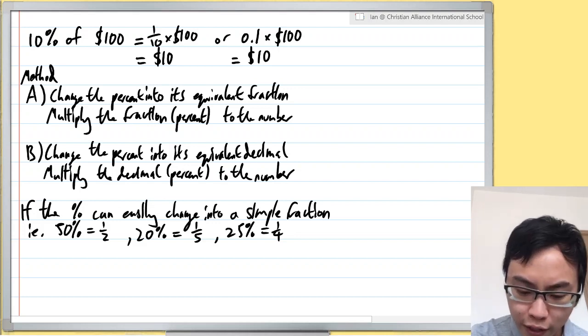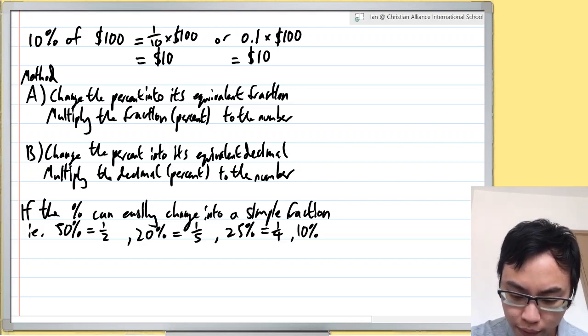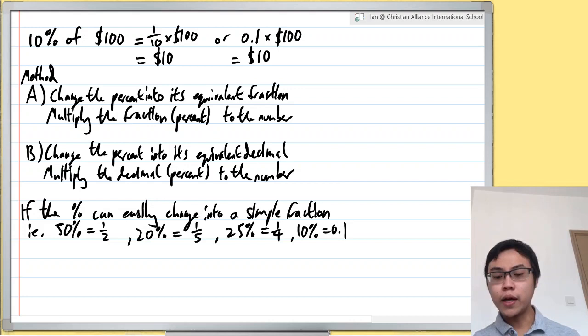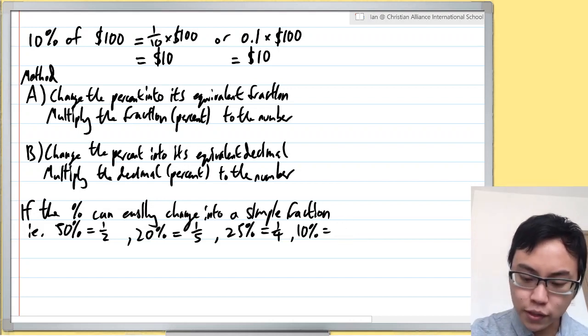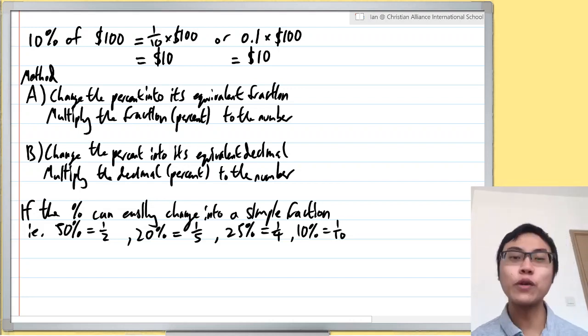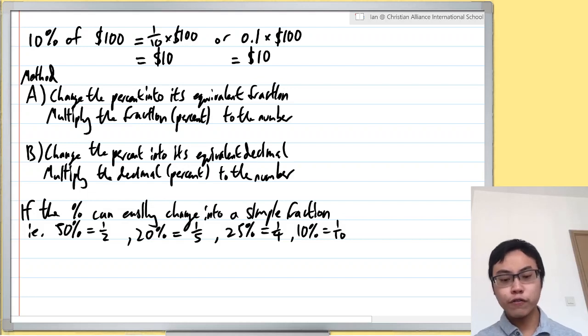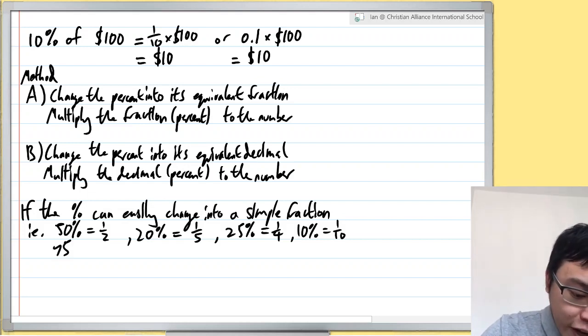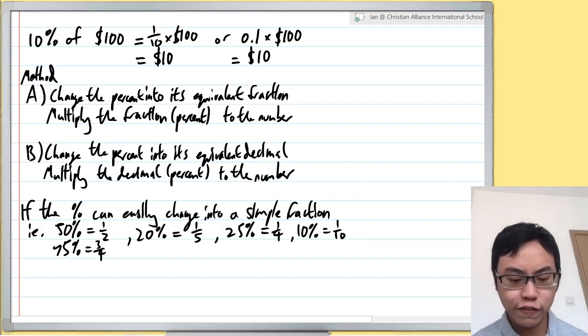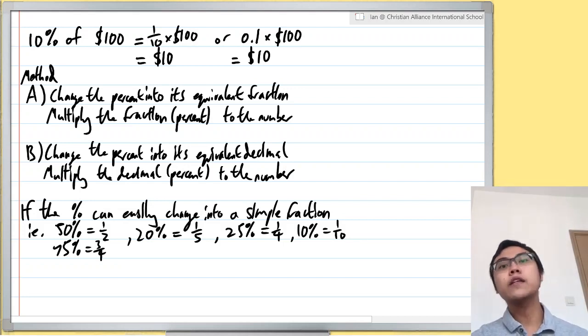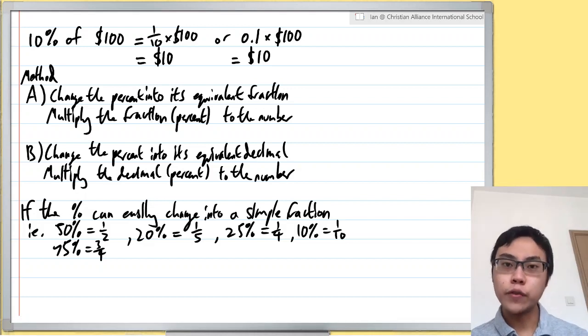And then we also have 10%, which is the same as 1/10, sorry, not 0.1, that's a decimal. And what other fractions are easy? 75% is the same as 3/4. Those are all still fairly easy.